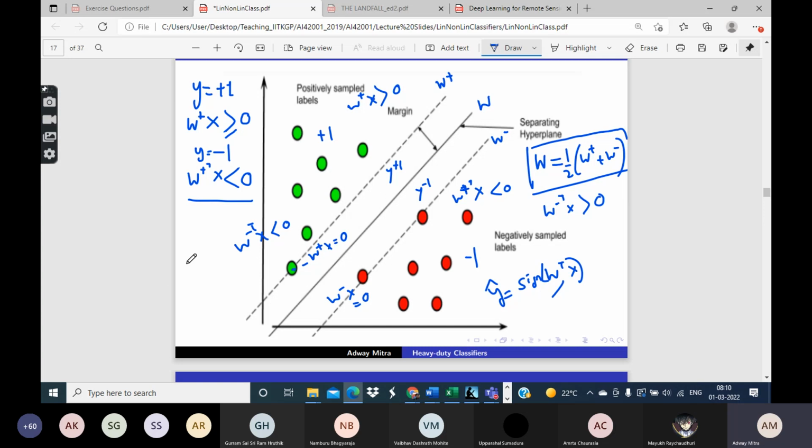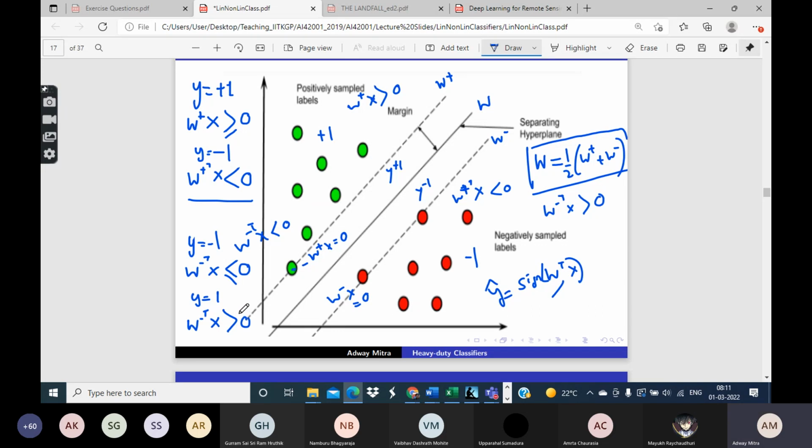So for the points which are y equal to minus 1, we will have w minus transpose x less than or equal to 0. And for y equal to 1, the green points, w minus transpose x is greater than 0.